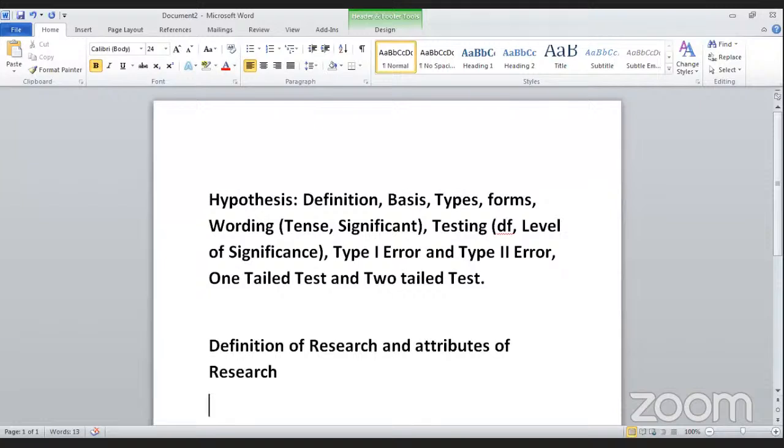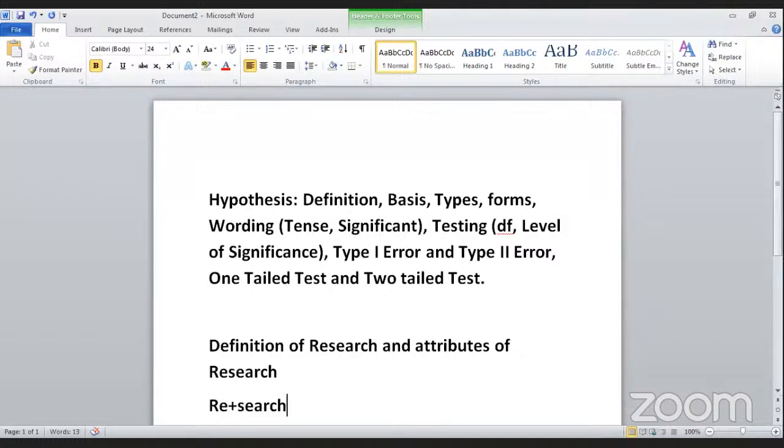If you understand research, it comprises two words, re and search. What is the meaning? Once you have searched, you are searching again. Once you have got the solution of a problem, you are finding another solution of the problem.